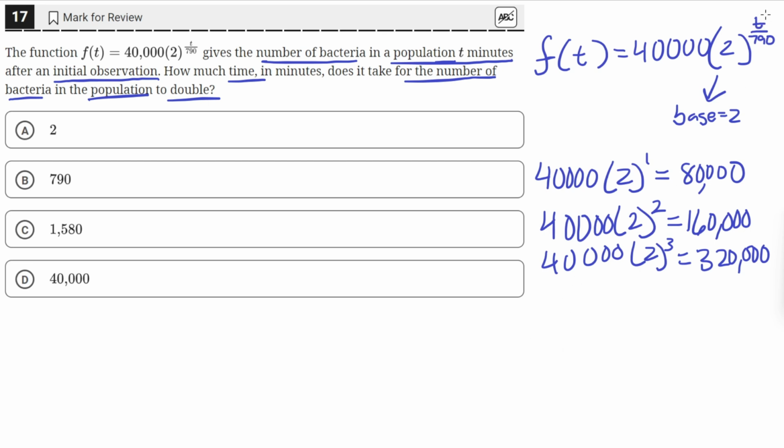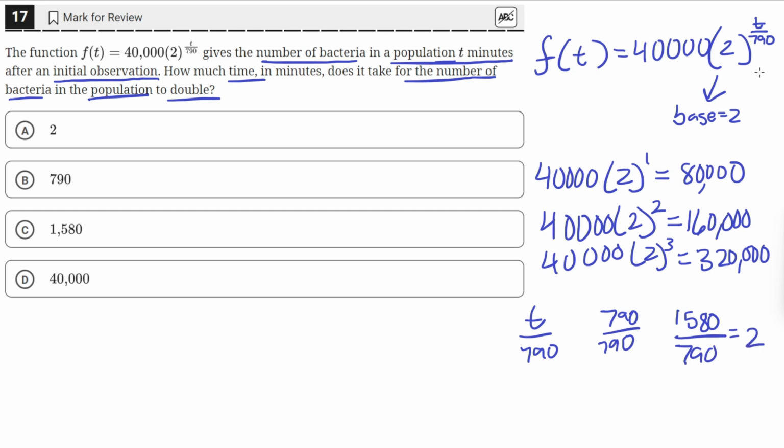And we see that the exponent here is t over 790. So when t equals 790, we have 790 over 790. And then when t increases by 790 again, we get 1,580. And that divided by 790 is just equal to 2.